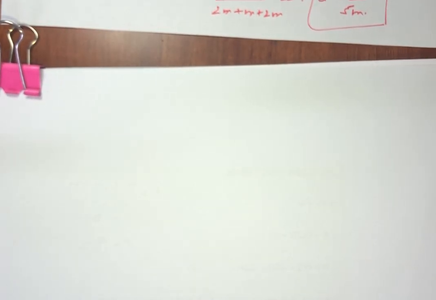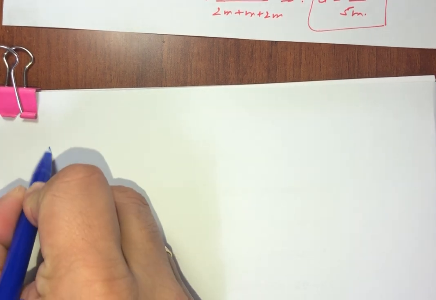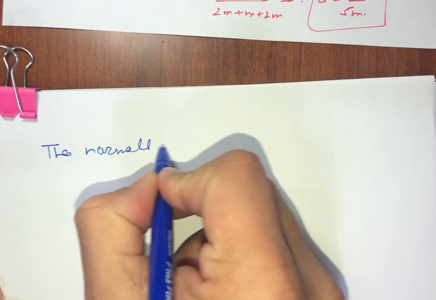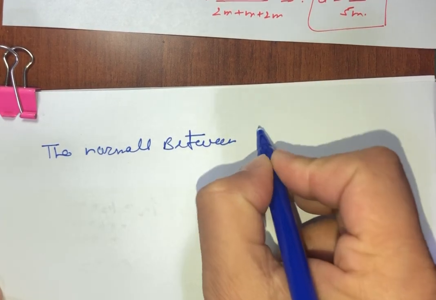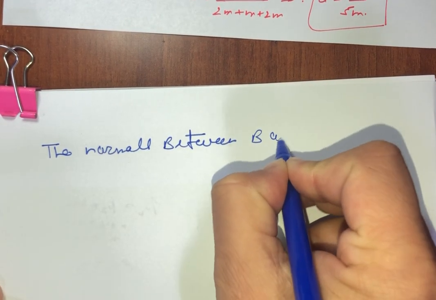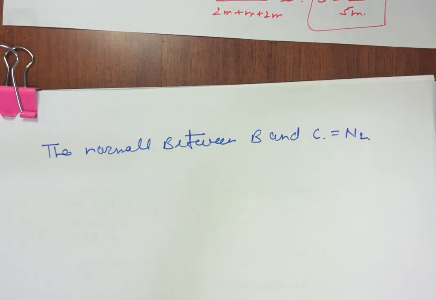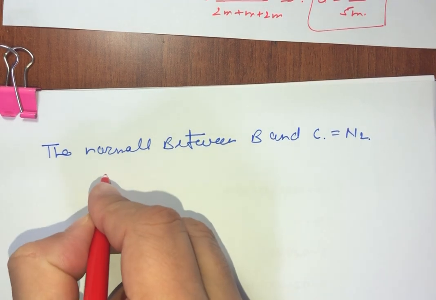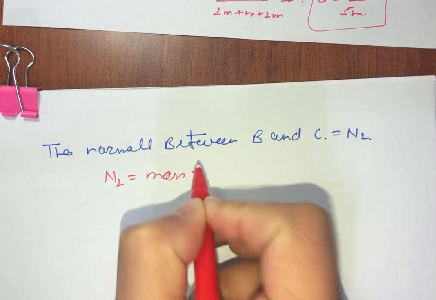The normal between B and C, which is given as N2, is nothing but the force that accelerates C. So N2 will be equal to mass into acceleration.